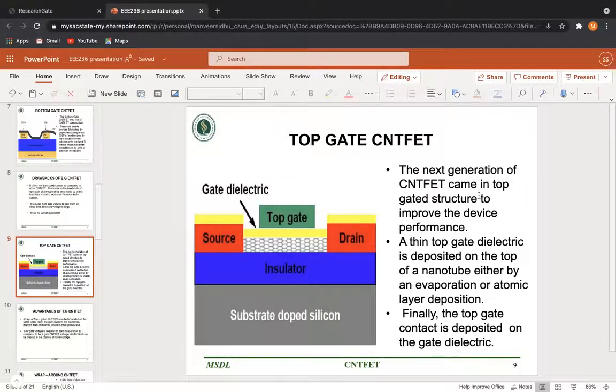In this one, a thin top gate dielectric is deposited on the top of a nanotube, which is shown over here, either by the process of evaporation or atomic layer deposition. So we can see a gate dielectric is deposited on the carbon nanotube that is connecting the source to the drain. And finally, a top gate contact is deposited on this gate dielectric.